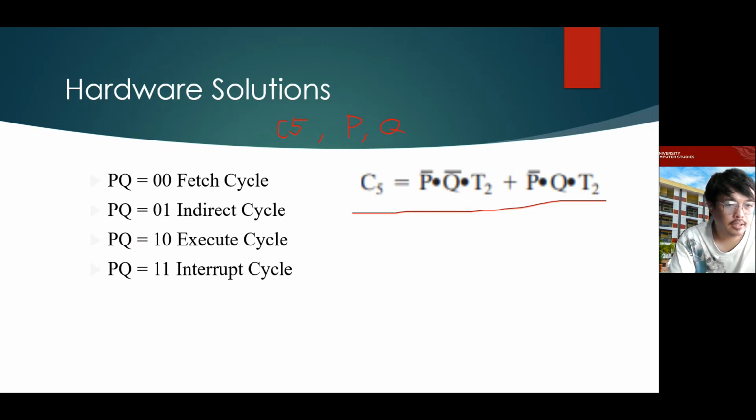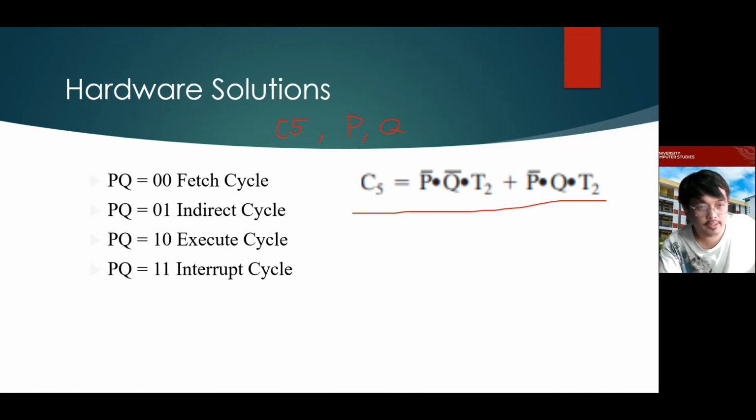And that's it. The control signal C5 will now be asserted during the second time unit of both the fetch cycle and the indirect cycle. And this expression is not complete. C5 is also needed during the execution cycle.